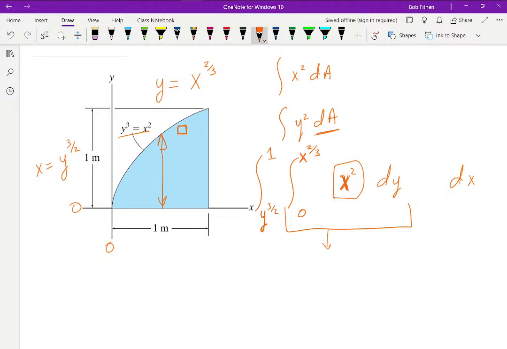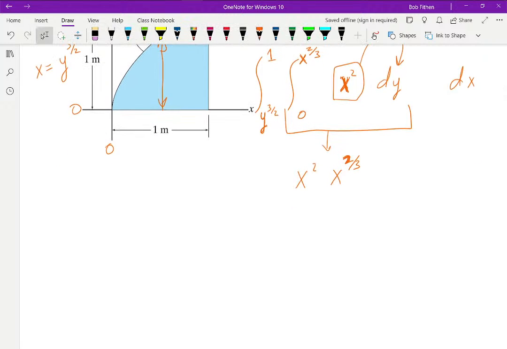This is a constant, so it becomes x squared, and then evaluating y from 0 to x to the 2/3, I can just put in x to the 2/3. Then x squared times that becomes the addition of these exponents: x to the 2 2/3.